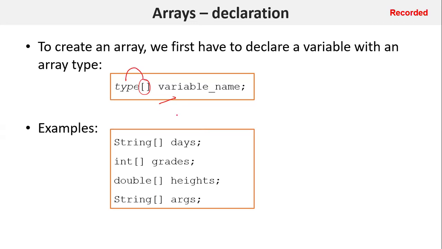So let's look at some examples. The minute you write down a definition like this, we should look at two things. What is this? It's a class. What is this? It's an array. Immediately you should recognize that days is a reference variable.